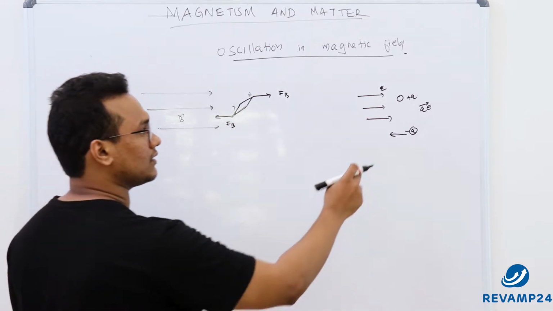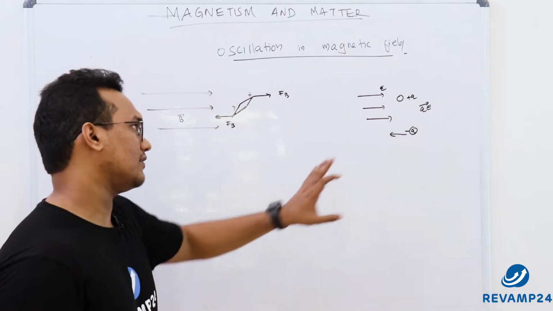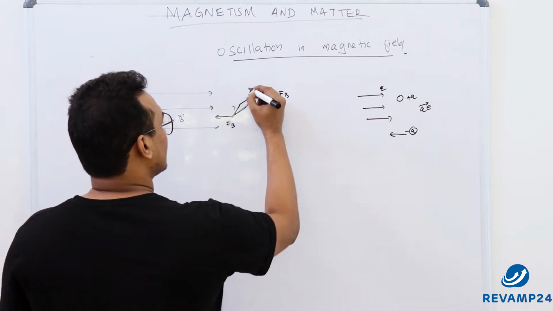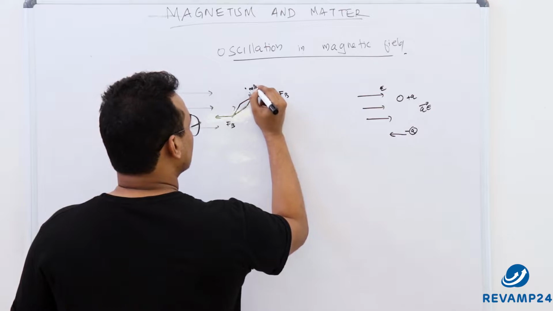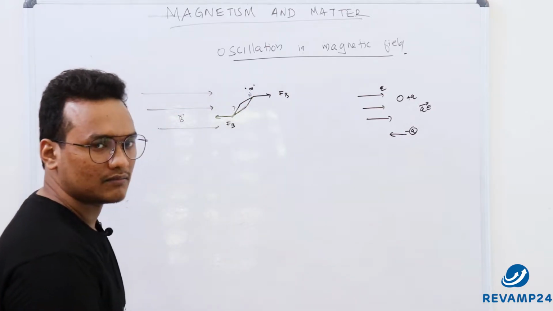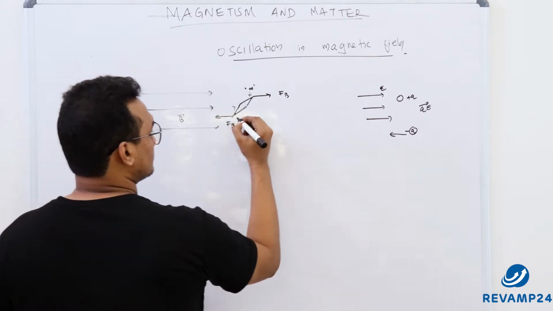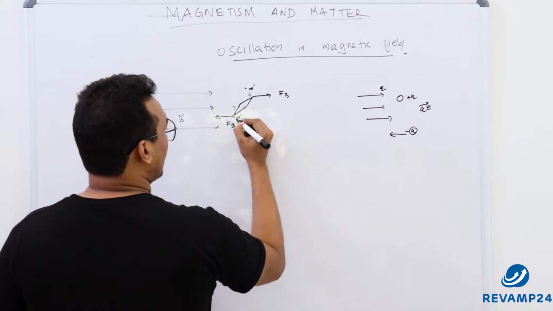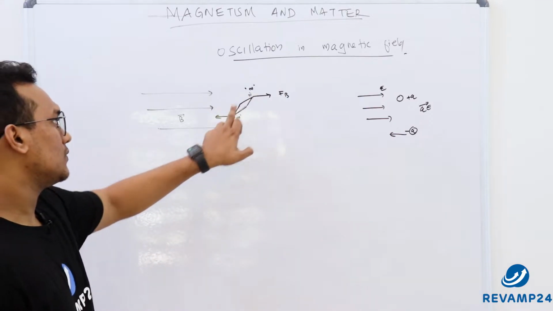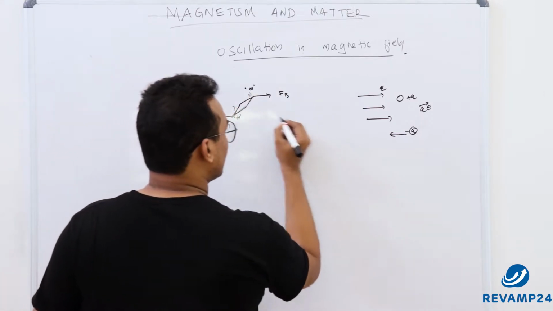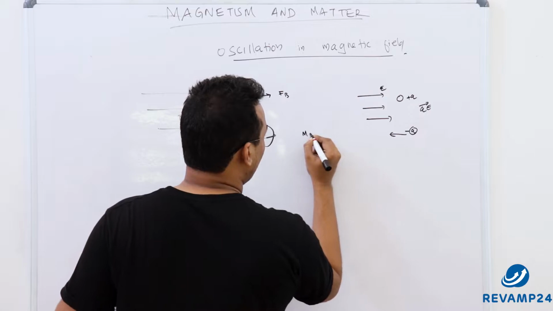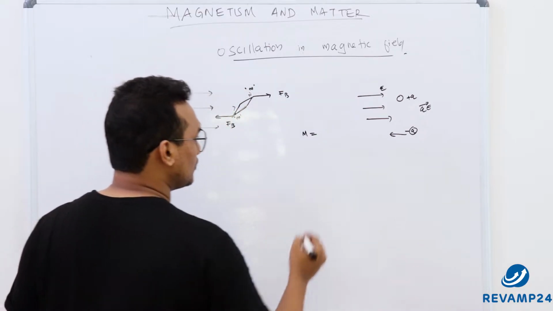Now similar to the quantity Q, in this case we have the magnetic pole strength, M. How can I get the value of magnetic moment from the pole strength?